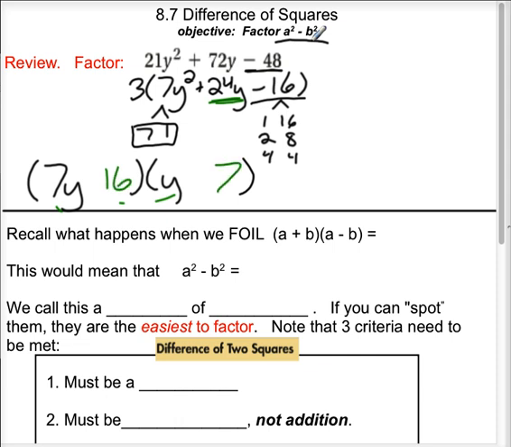16, oh, not 7, 16 and 1. So make those connections. That gives me 16. That gives me 7. All right, well, again, knowing one of them is negative, that's going to give me plus or minus 9. Still not what we're going for.